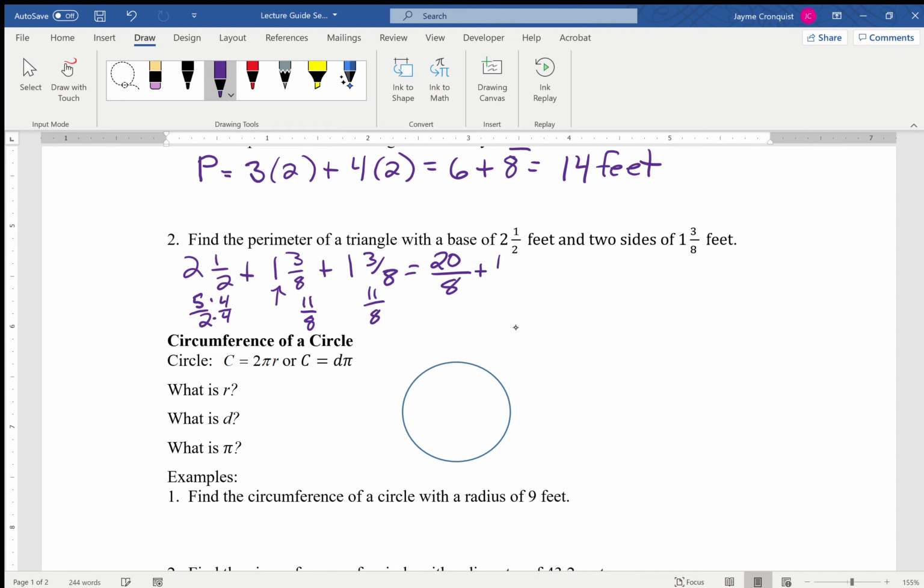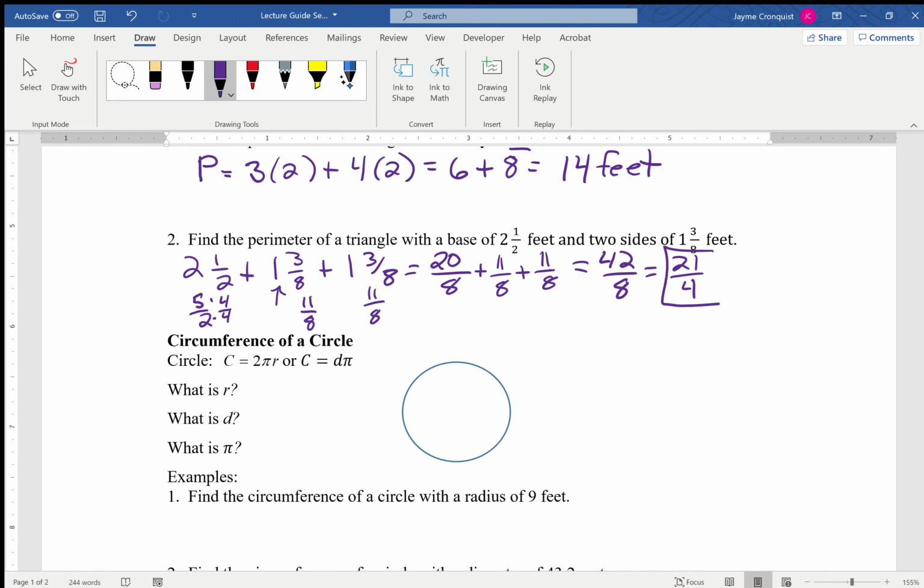So I have plus 11 eighths plus 11 eighths. Now I have 20 plus 11 plus 11. So it's 20 plus 22 is 42 over 8. Now they're both even, so that's going to give me 21 over 4.